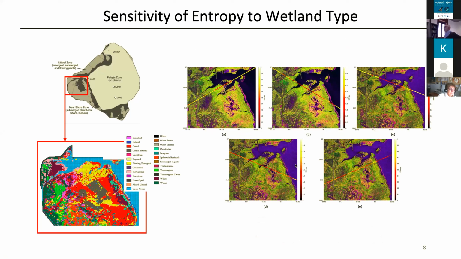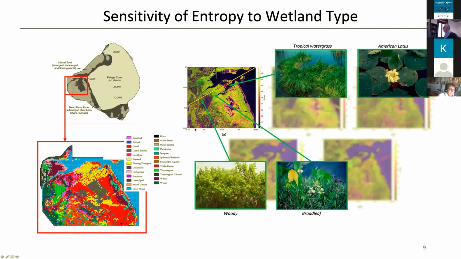This is the case of some other experiments where we consider the type of vegetation on this part around Okeechobee Lake, and in that case, there is a different behavior of the entropy metric with respect to different types of vegetation, like watergrass, lotus, American lotus, woody, and other kinds of vegetation that we have examined.